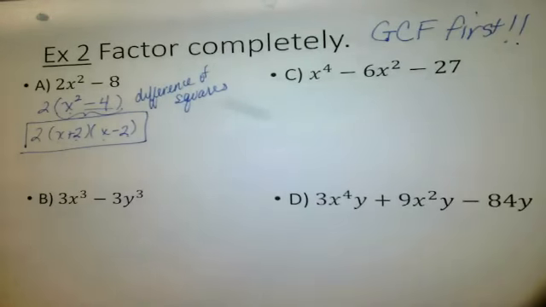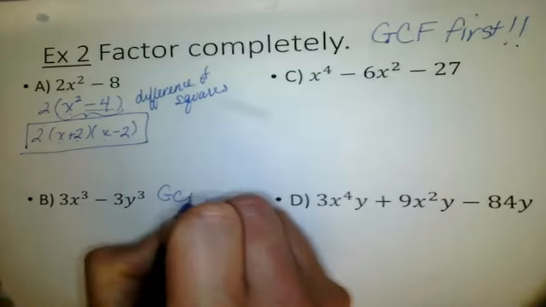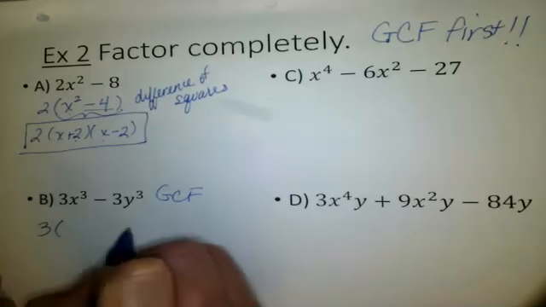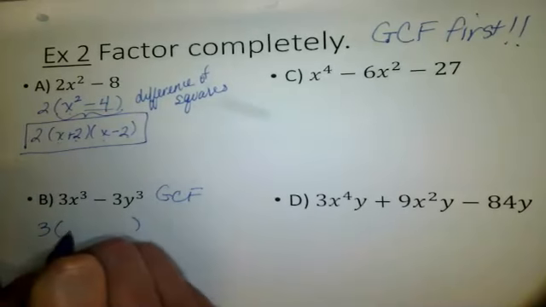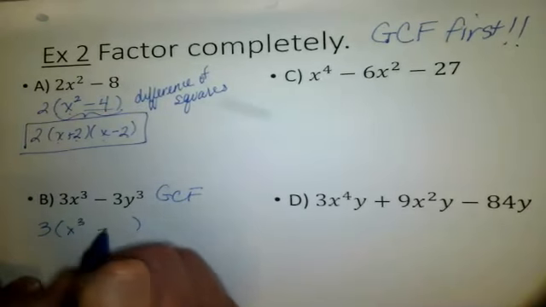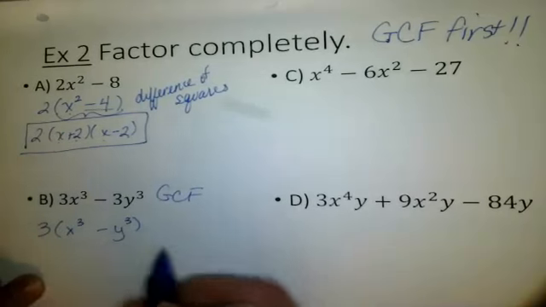All right, letter B, 3x cubed minus 3y cubed. What do you notice? Lots of 3's, right? There's a greatest common factor, GCF. Let's take out the 3. What's left behind? X cubed minus y cubed. What's that?